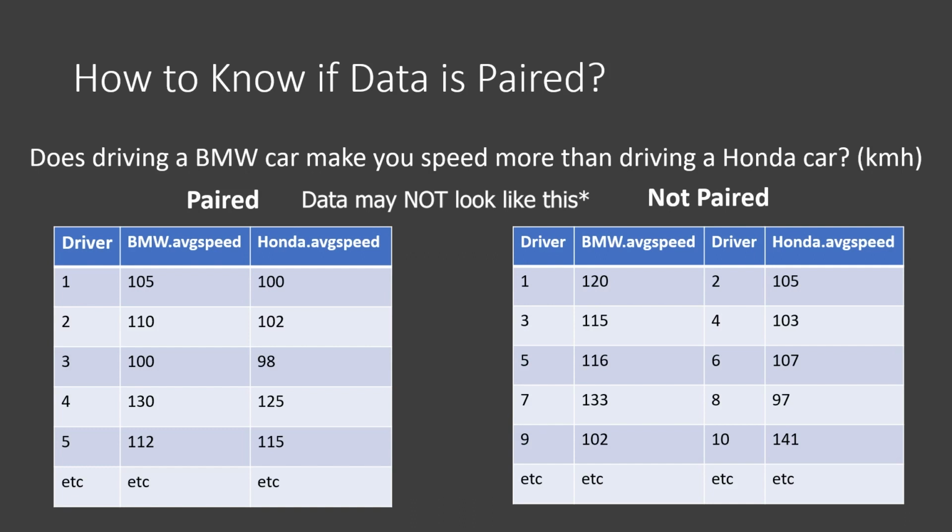Another way to tell if the data is not paired is if the groups have different ends or different amounts, right? So let's say if the BMW section only had, I don't know, 20 drivers, let's say. If the Honda group had, let's say, like 25 or 30, then you obviously know it's not paired, right? So, in any case, this is basically how you tell, and so this is important. It'll obviously let you know which tests to do depending if the data is paired or not, right?